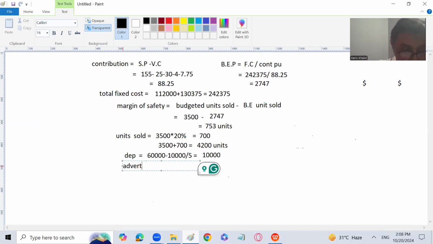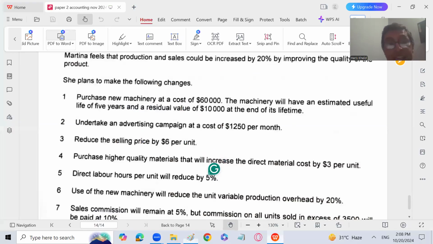And in order to increase the sales, we have to go for some advertisement also. So our advertisement cost will increase. Undertake an advertisement campaign at a cost of 1,250 per month. So it is per month actually. And I believe that the question has asked us to prepare the marginal cost statement with the changes on an annual basis.